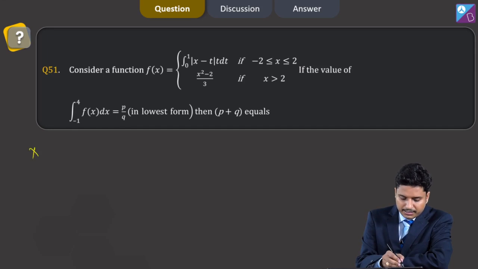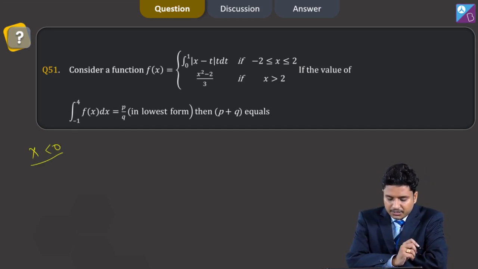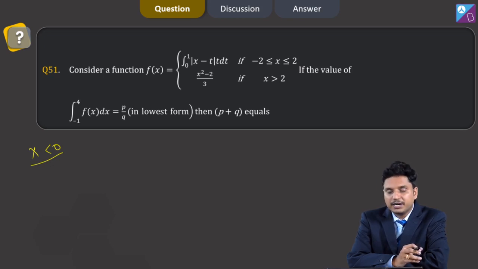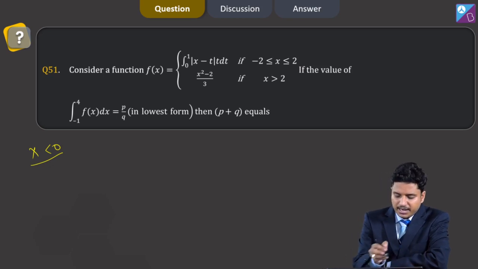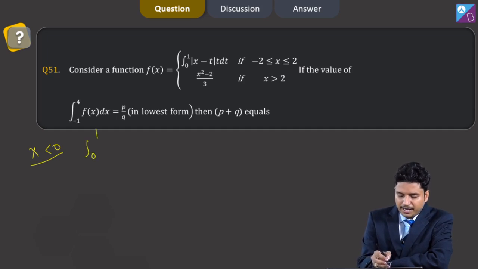If your x is less than 0, what will happen? In that case t is already moving from 0 to 1 and x is also negative. That means this x minus t quantity is going to be negative only. So mod of x minus t will be equal to t minus x, into t is there. So we have to integrate 0 to 1 t into t minus x.